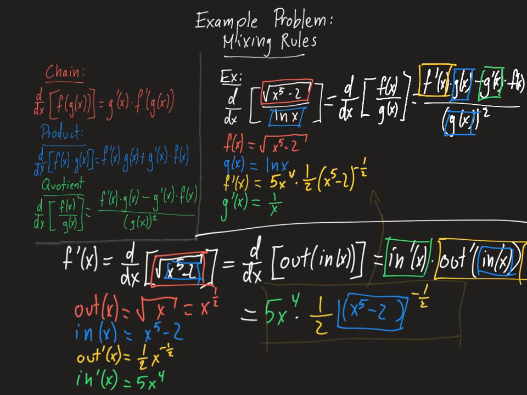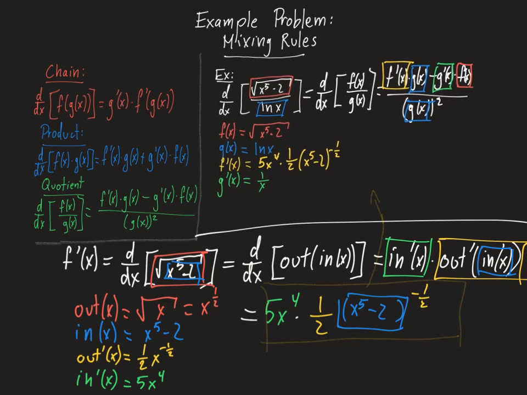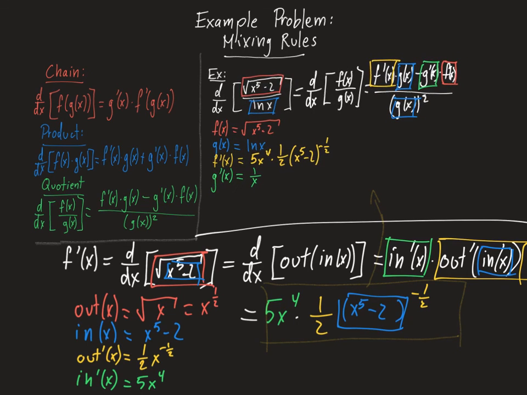And last but not least, f of x up here is what we have in red. All right, let's try to rewrite this in the space that I've got. Okay, let's make this guy a little bit smaller to give myself a little bit more room. And let's start plugging things in where they need to go.